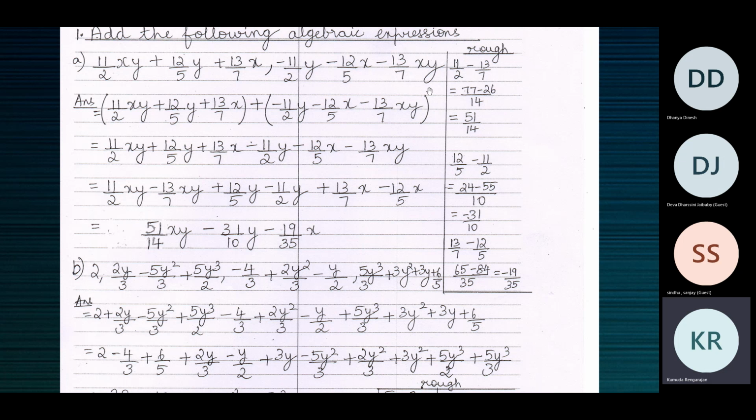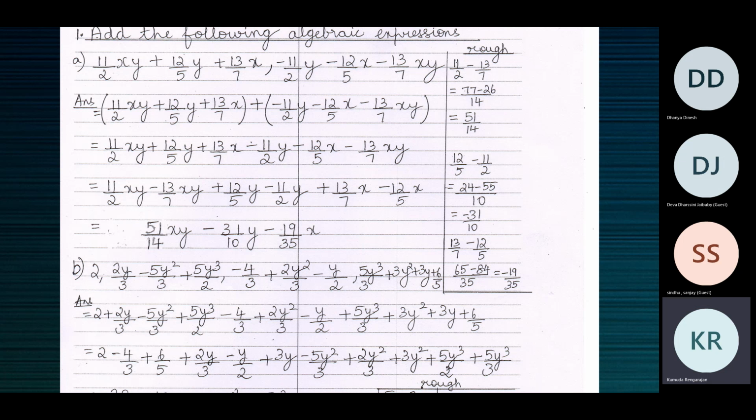For example, you can write 30 as 2 into 3 into 5. 2 3s are 6, 6 5s are 30. So 2, 3 and 5 are the factors of 30.